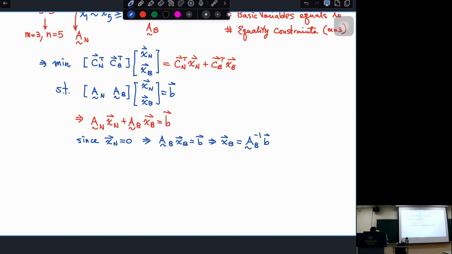So this is like an initial feasible design.